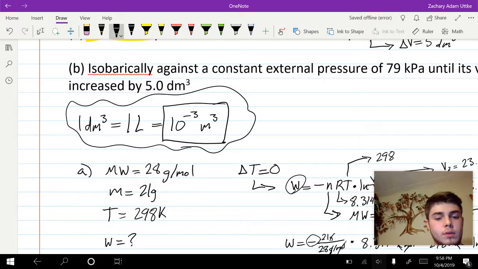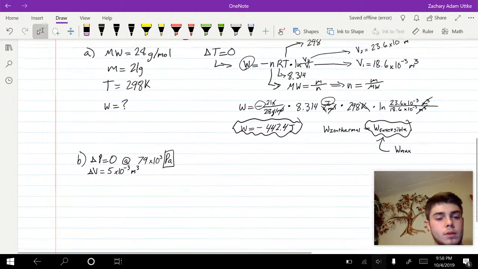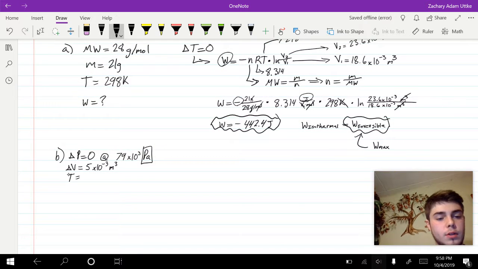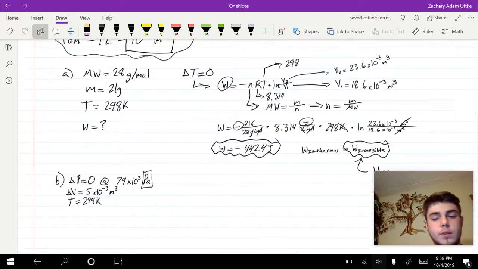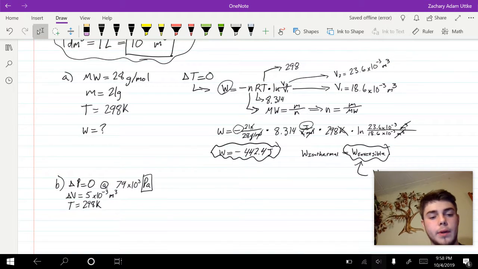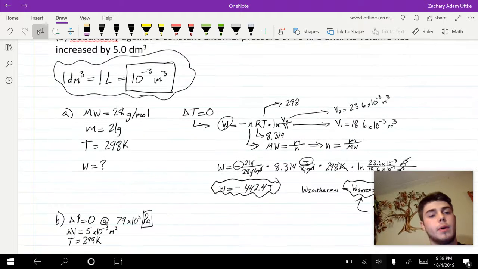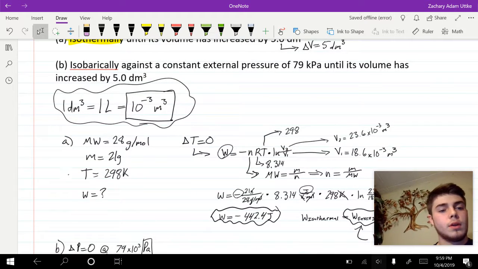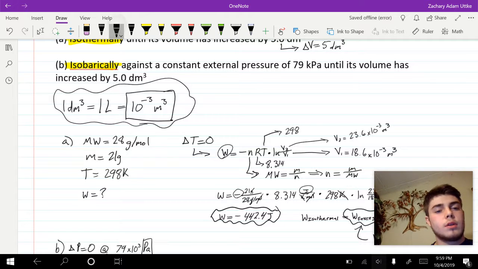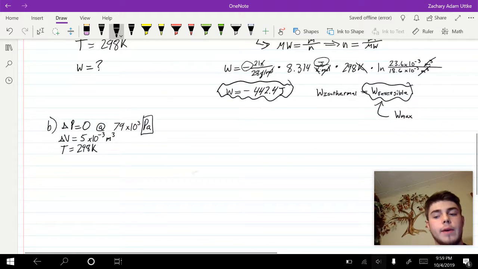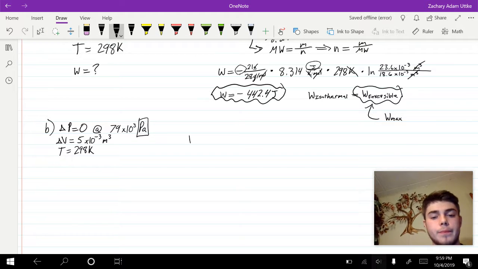Okay, so what's next? We still have that temperature is 298 Kelvin. We still have the same mass, molecular weight, and everything, but what is important about part B is that the problem is isobaric. So in an isobaric circumstance, we have a different equation for work.